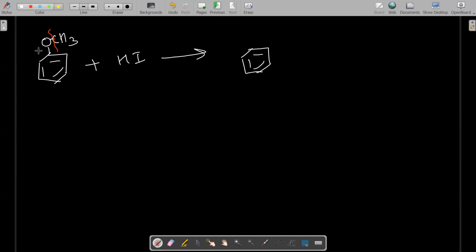Not from this side. I will write separately. The cleavage occurs only from this side. So always the alkyl, that means whatever the alkyl, that is CH3, that alkyl always forms halide, and aromatic always converts into phenol. So in this case, we get phenol plus CH3I.